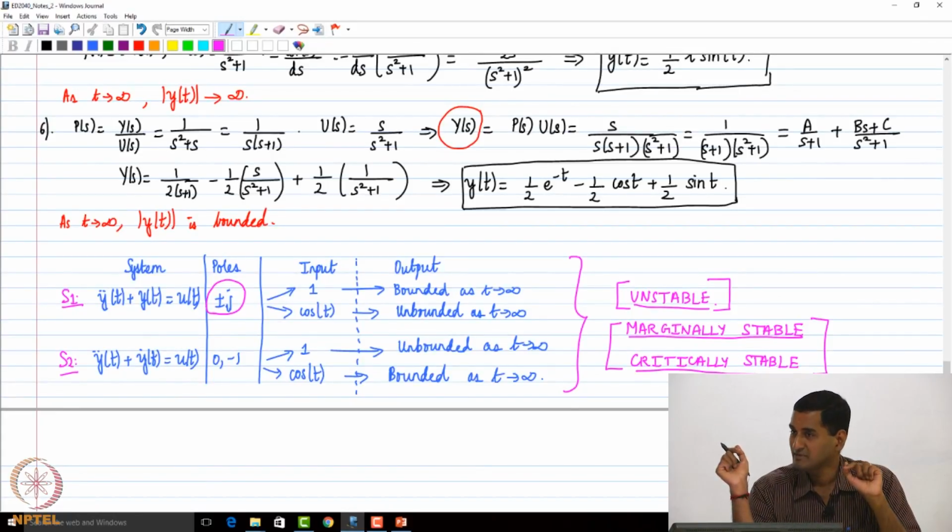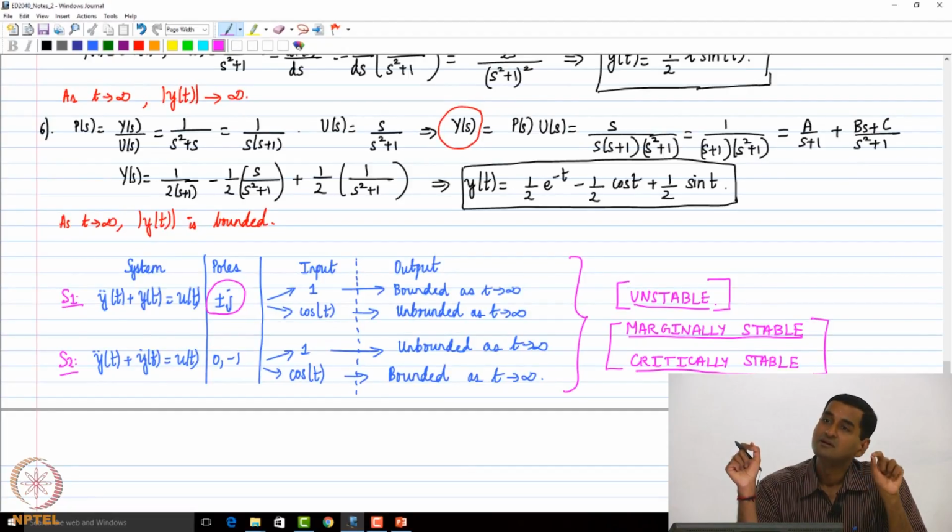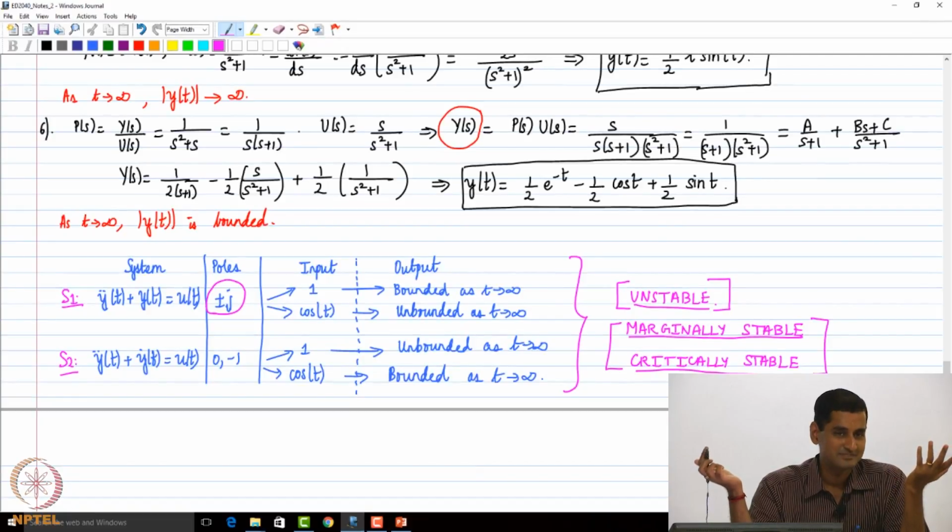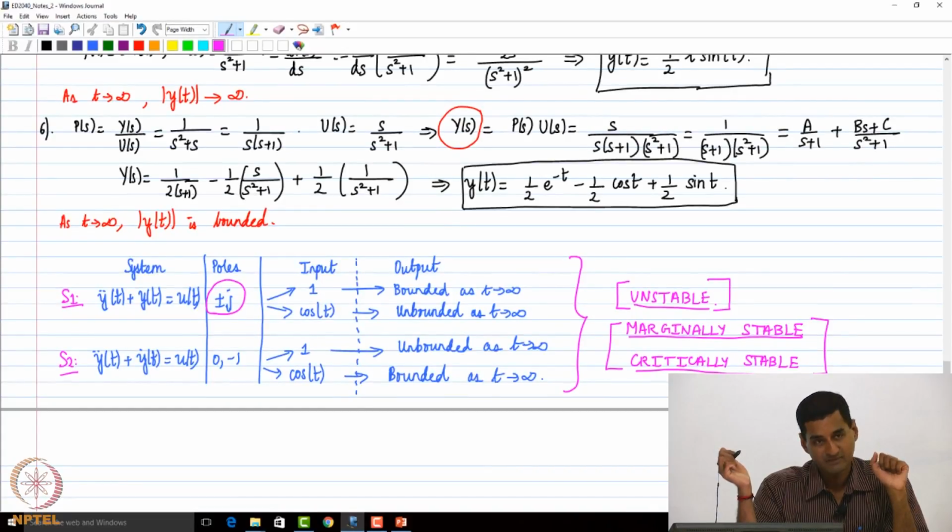So for such systems, if you give a step input, the output is unbounded, but if you give a cos omega t or sin omega t bounded input, the output will be bounded. So once again, for one input alone the output is unbounded. For every system having a pole at the origin, this property holds.